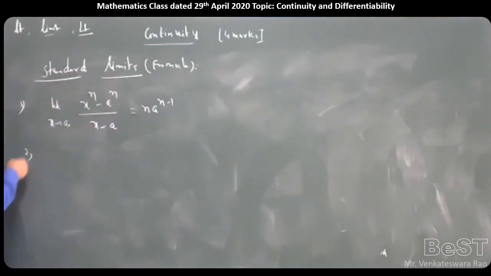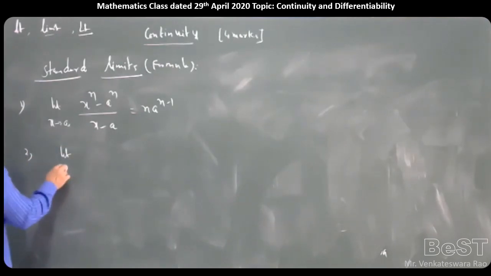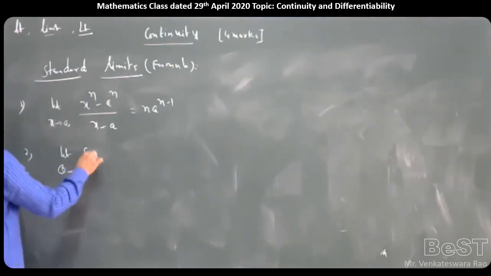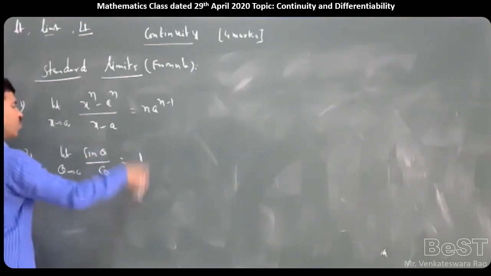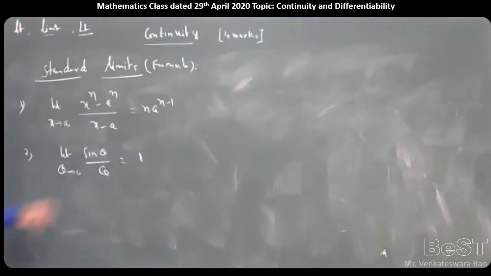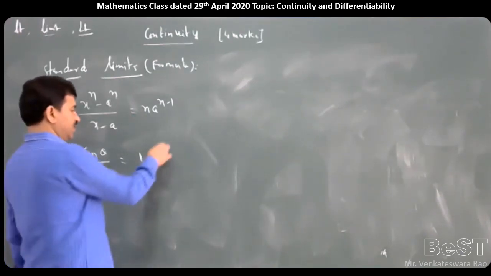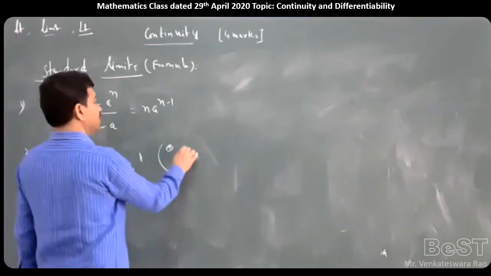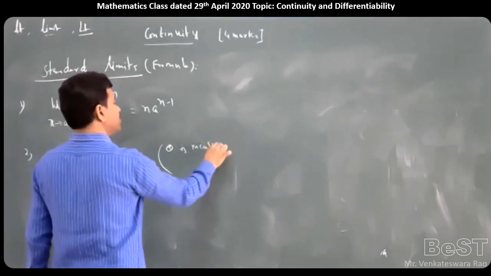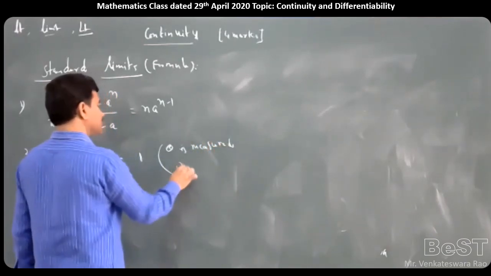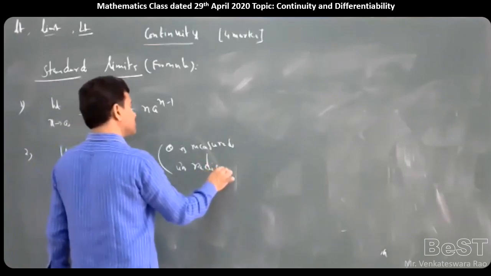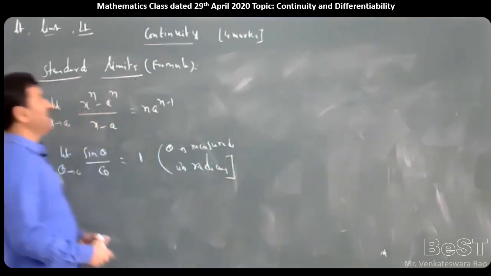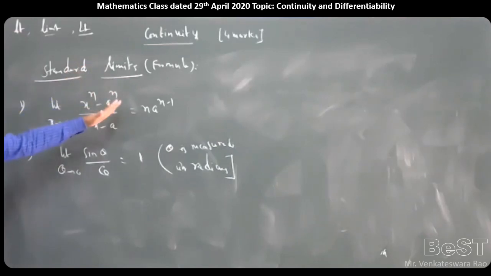Second standard limit. Limit of theta tends to 0, sine theta by theta, value is 1. Theta is measured in radians. Always keep in your mind, calculus deals with the real number system.